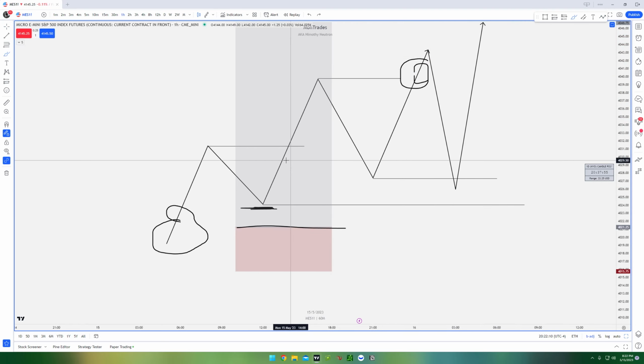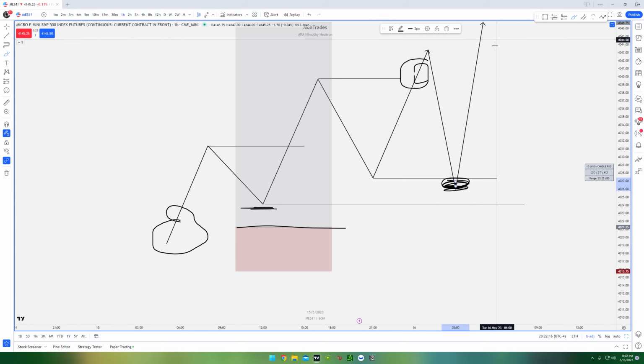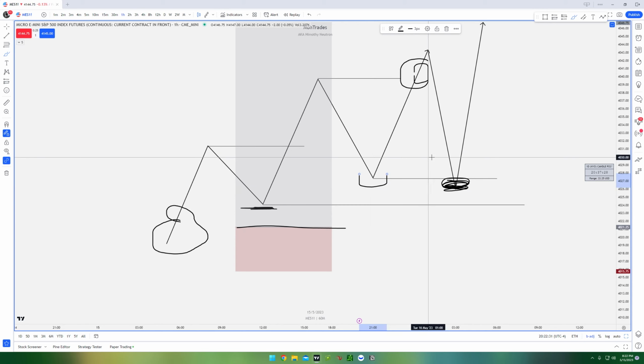Now, while you are getting stopped out, big money is accumulating positions right here, right below these lows for the next leg higher, because they know that so many stop loss orders are beneath these lows that their full position will get filled below these lows. For every buyer, there needs to be a seller.